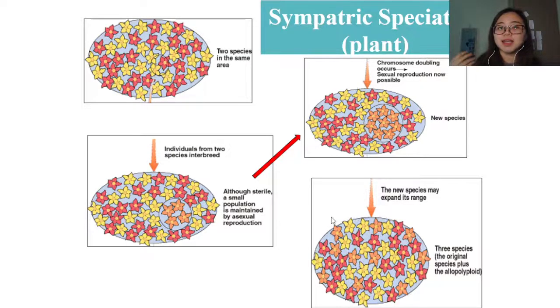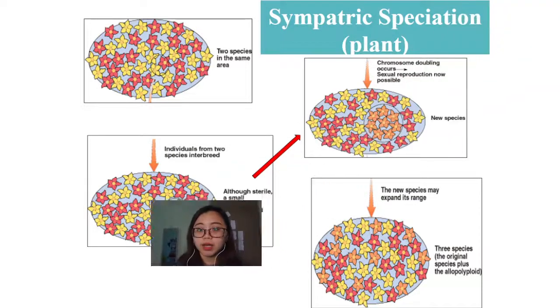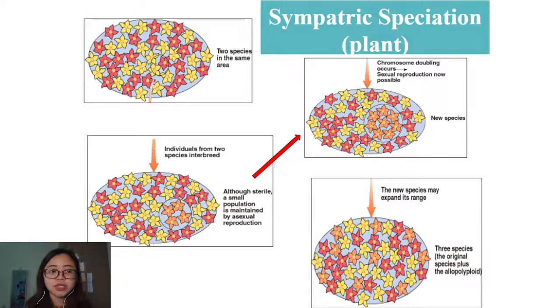And this is a diagram showing what I elaborated earlier. In this diagram, we have an example of flowers in the same area. There are 2 species of flowers in the same area. The red and the yellow flowers will interbreed and produce an orange variety. This orange variety is sterile. Although it is sterile, it is a small population, maintained by asexual reproduction.